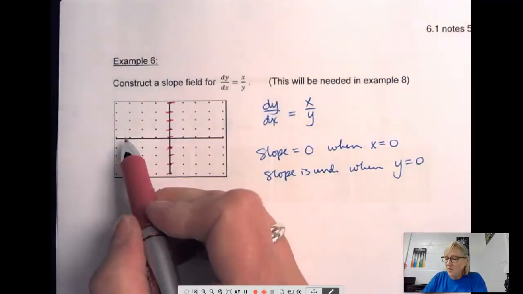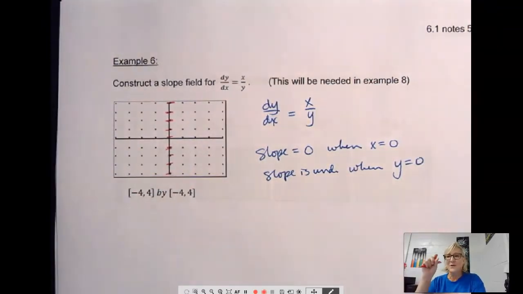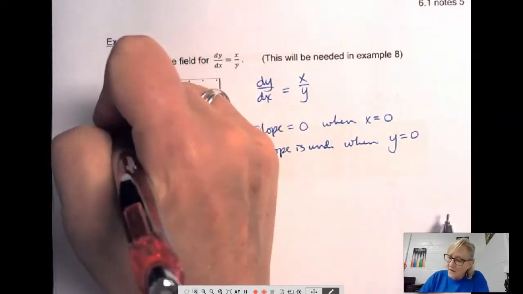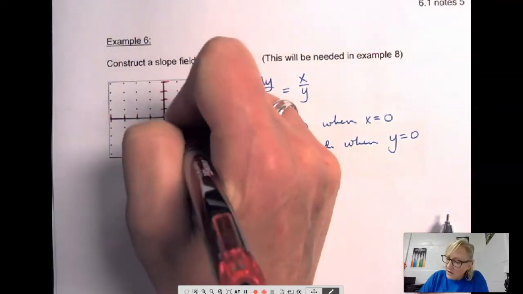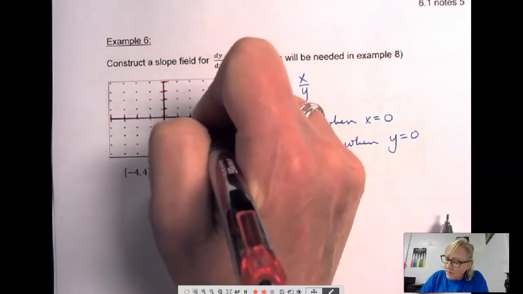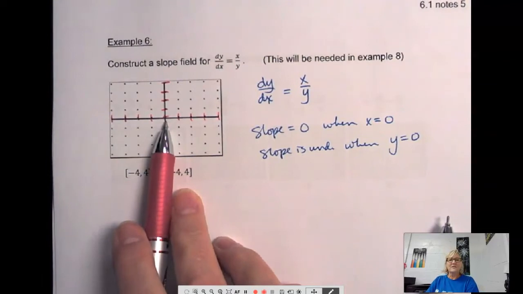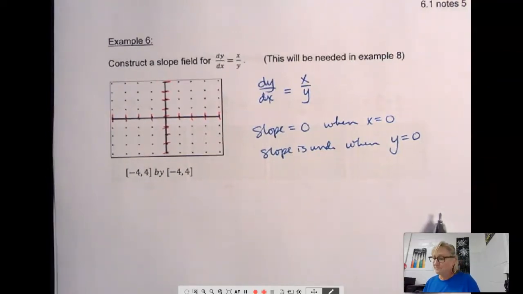So every point on here where y is 0, I'm going to simulate a vertical segment, which would have a slope that's undefined. So undefined slope, all along here. Now clearly at the origin I can't have a slope of 0 and undefined, so my guess is that the graph may not even exist there. We'll just have to see what it looks like.